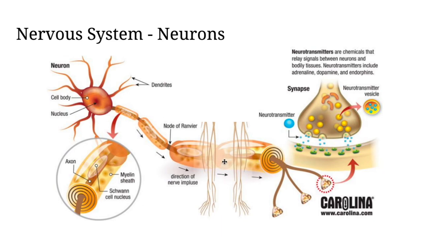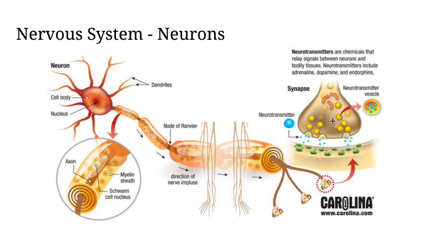So that axon you can kind of think of like an electrical wire that is insulated by what we call the myelin sheath. You can see that enlarged right here. That's going to allow the conduction of that signal to happen smoothly. And at the end, you're going to have the synapse, where the signal is going to be transmitted to the next neuron. And that happens with neurotransmitters.